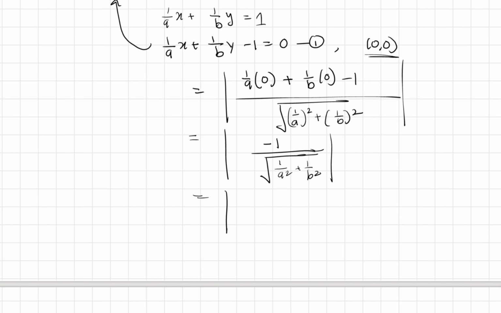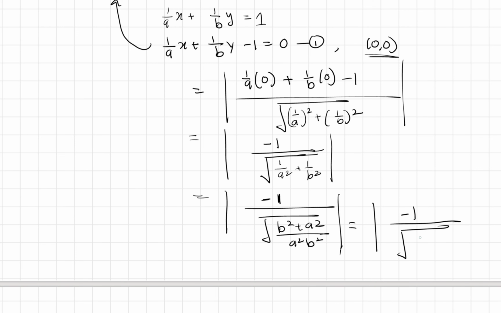Further simplifying, we can simplify the bottom as well, saying negative 1 over the square root of (b squared plus a squared) over a squared b squared. This bottom part we can take out. That's saying negative 1 over the square root of b squared plus a squared, times 1 over ab.